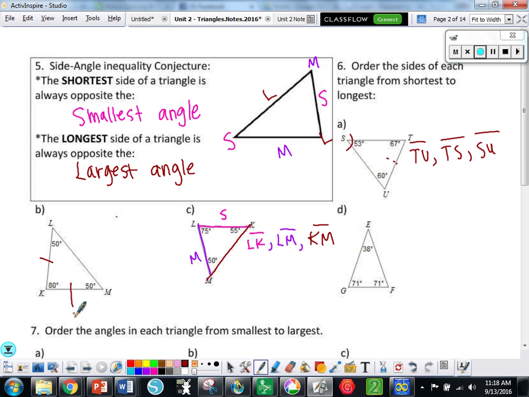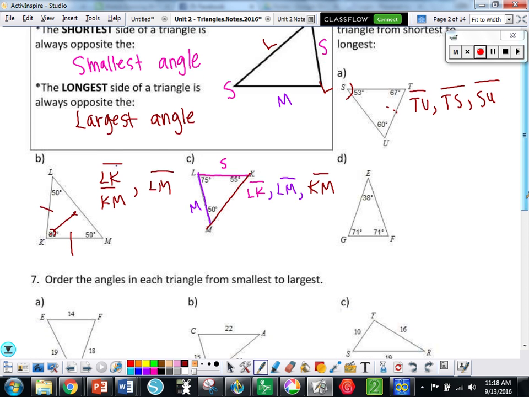So if I'm ordering these from smallest to largest, the best way, I don't know, LK, KM, just put them all right on top of each other, they're the same. That looks like a fraction, it's not. What's the largest side then? This is the biggest angle, so LM must be the largest side.